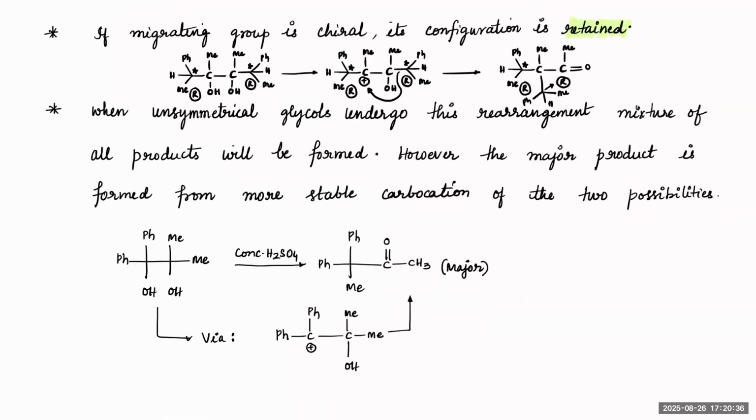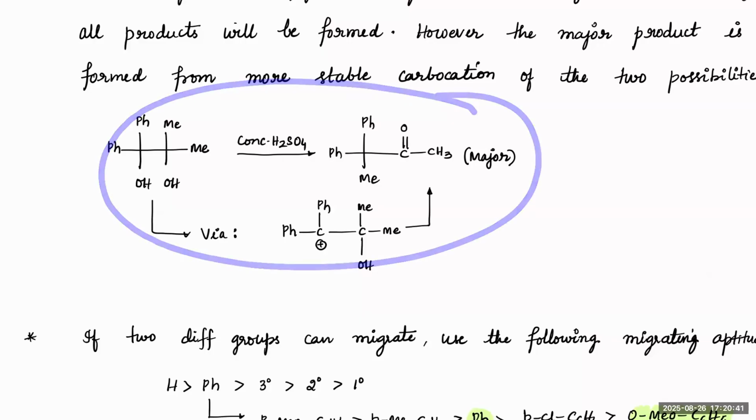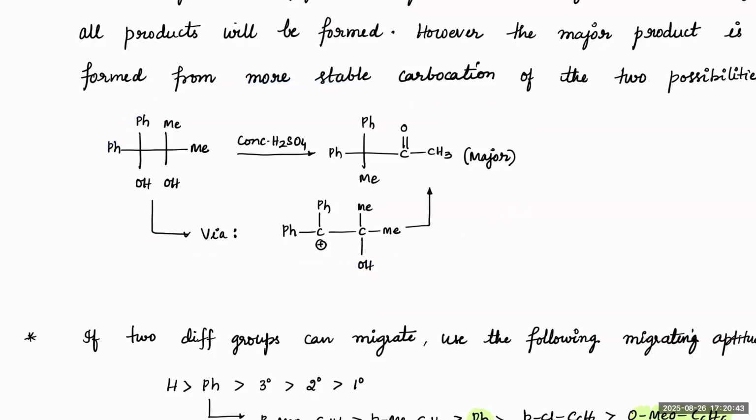And lastly, if you have an unsymmetrical form, now notice this is an unsymmetrical pinacol. Here, you first check which position the carbocation is stable at initially when you remove water out of it. So if I take OH2 plus and remove H2O and you get a positive charge here, then at this position some methyl has to migrate, correct?